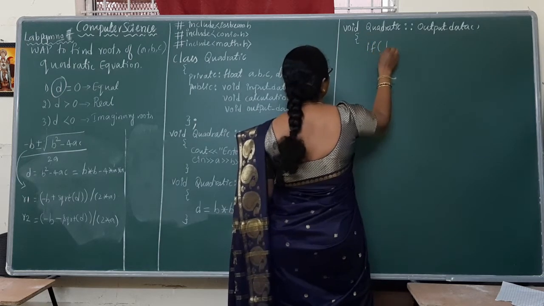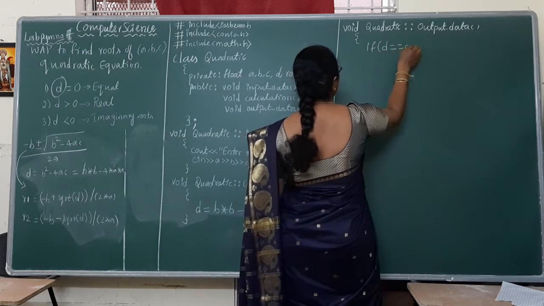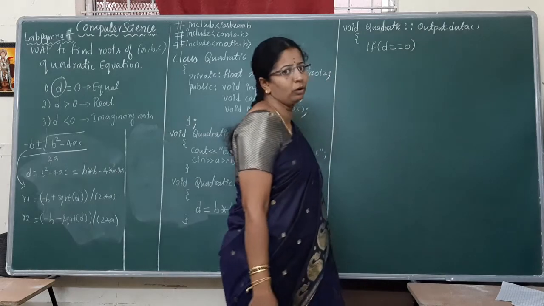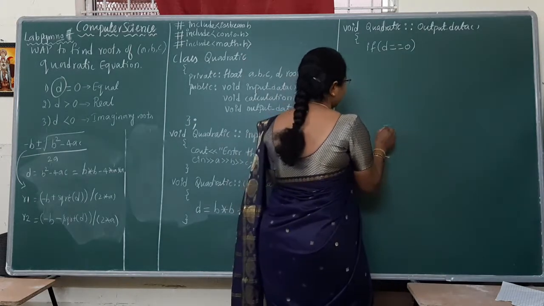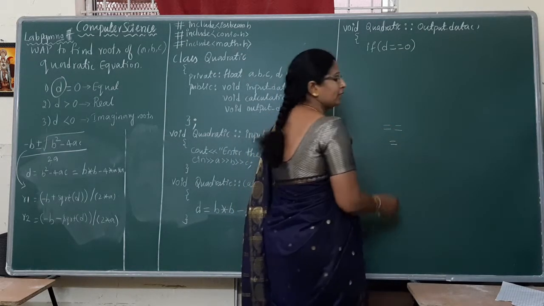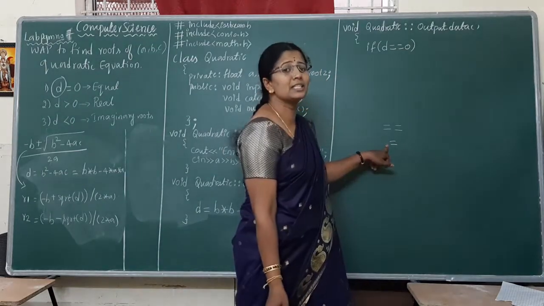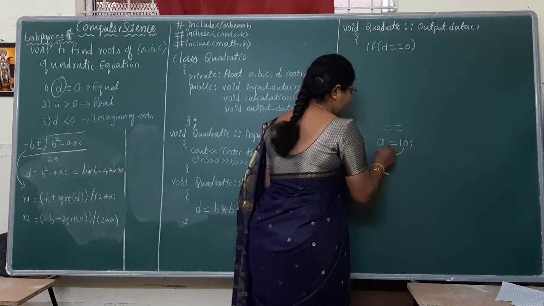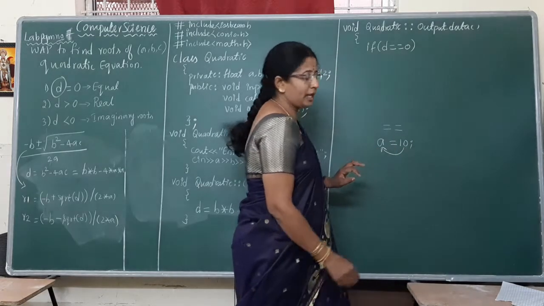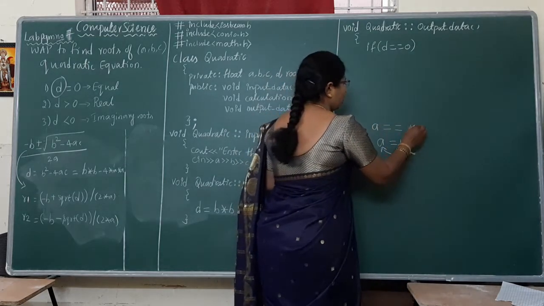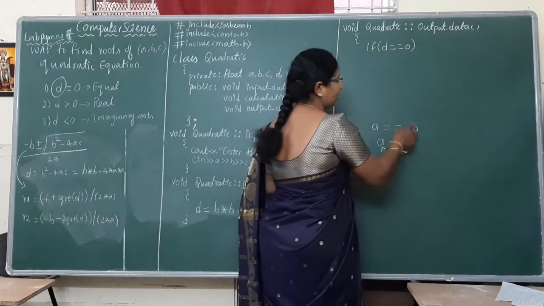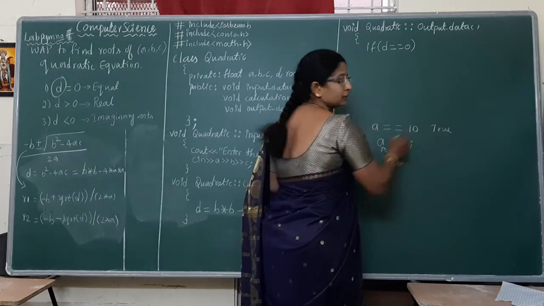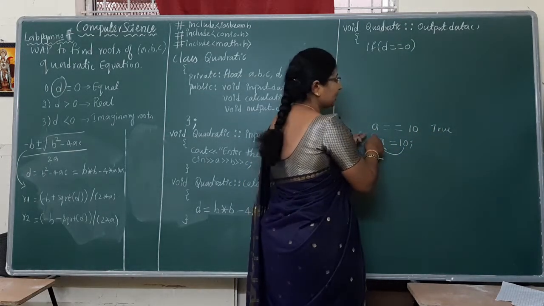If the discriminant value D is equal to 0, there is a difference between single equals and double equals. Single equals is the assignment operator. A equal to 10: the value 10 gets assigned into A. Double equals is a comparison or relational operator: if A is 10, then only the result is true; if A is 6, then the result is false.